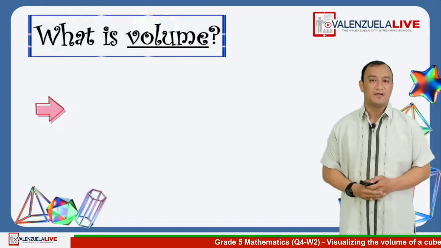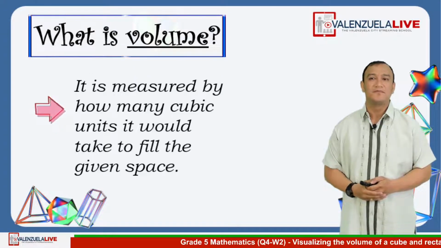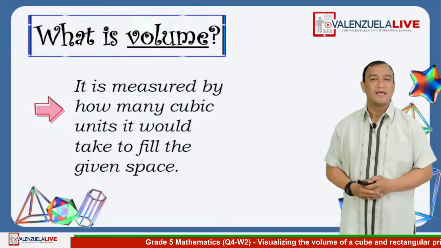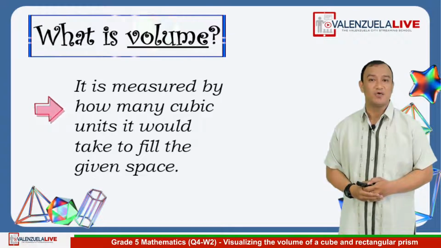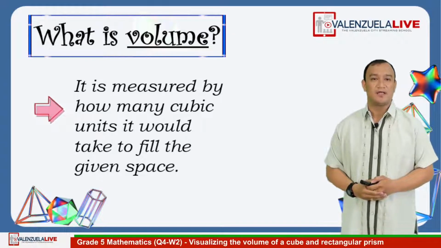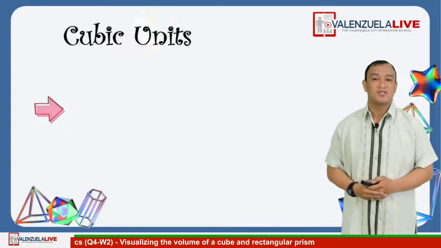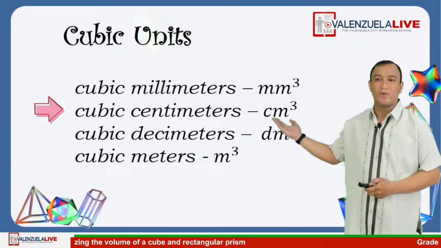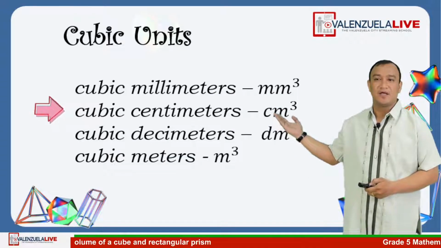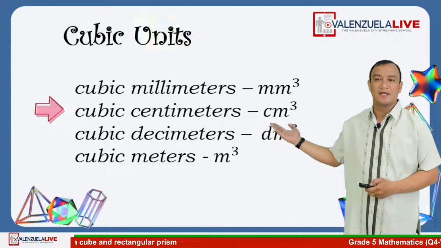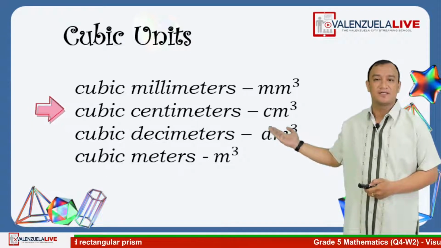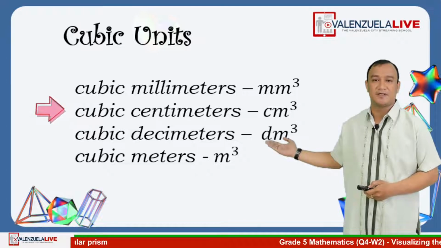Then, let us define the volume. When we say volume, it is measured by how many cubic units it would take to fill the given space. It is measured in cubic units such as cubic millimeters, cubic centimeters, cubic decimeters, and cubic meters.